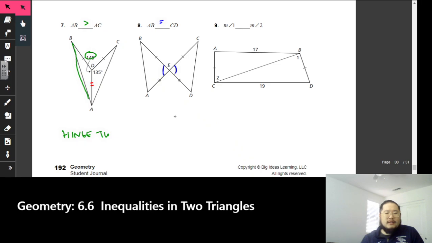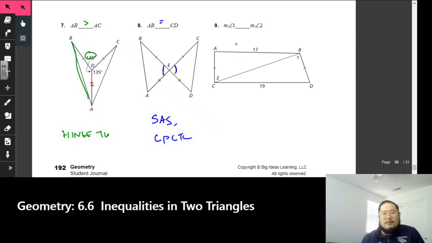And for this one, since they didn't give us an actual angle measurement for the included angle, we could say that we got two congruent triangles right here, all corresponding sides and angles are congruent. So we could say we got side angle side right here, and then we got CPCTC.